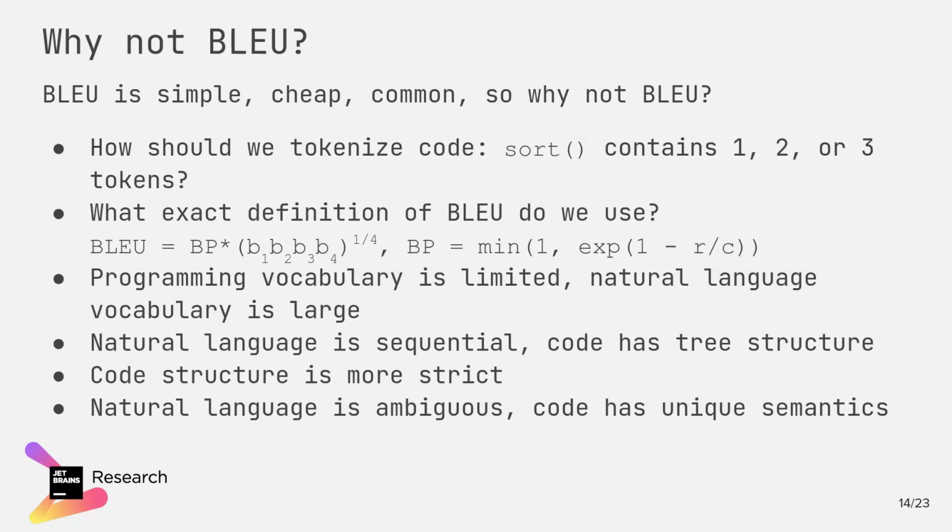Okay. Furthermore, programming languages have a very strict syntactic structure, while the syntactic structure for natural languages is sometimes more relaxed. For example, swapping two groups of tokens in a natural language sentence may not affect the meaning too much.